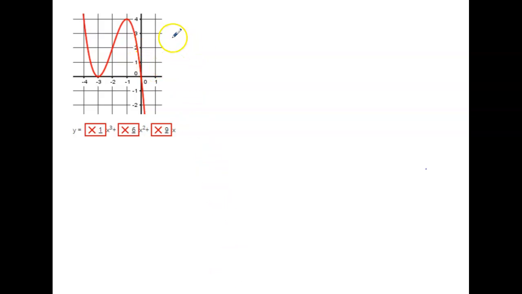Okay, so in this example, we have a real zero here at x equals -3, and that is a bounce, so that's going to have multiplicity of 2, right?